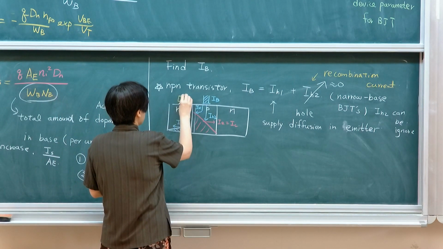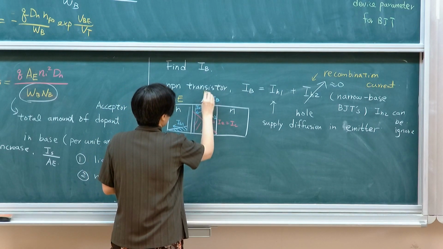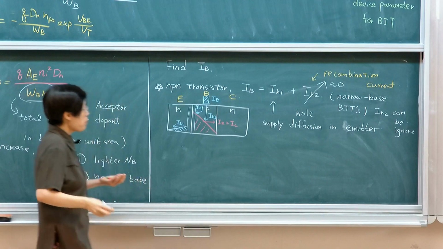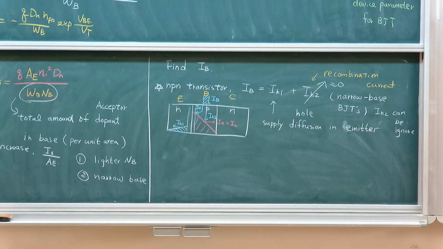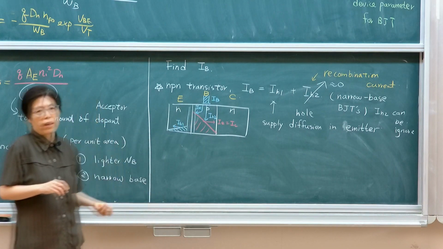Right, let me highlight again. This is emitter base. Okay? So does anyone know why there's a large offset in my drawing in terms of the minority carrier concentration? Why do I assume that the minority carrier concentration inside emitter is much, much lower than, why is the blue much, much lower than the red?